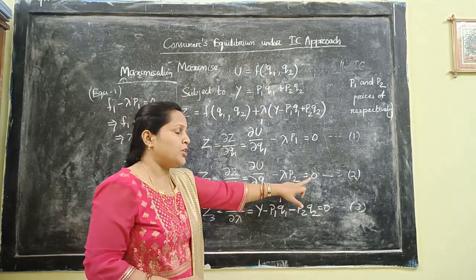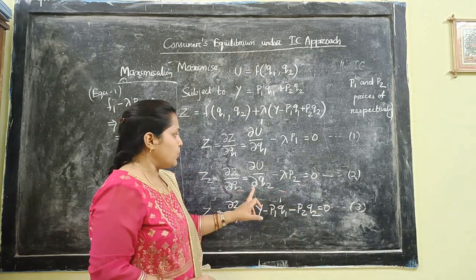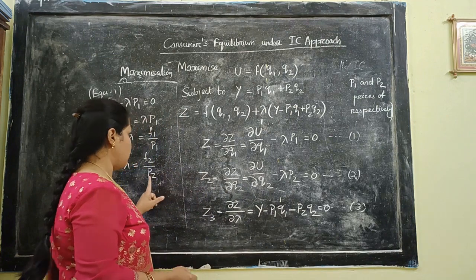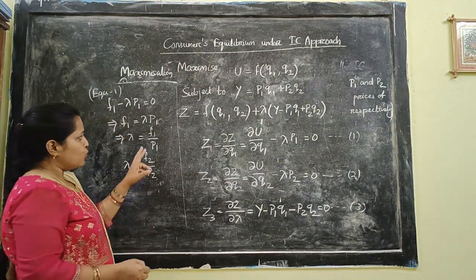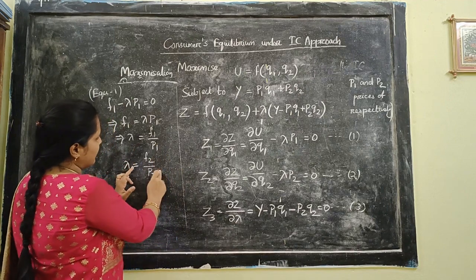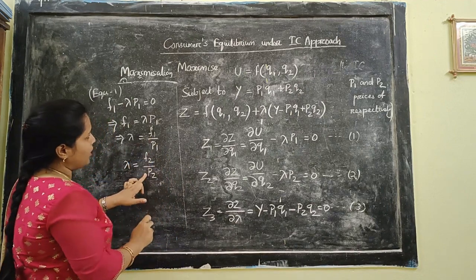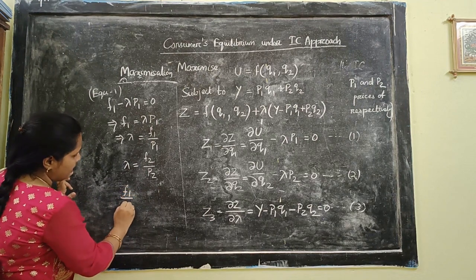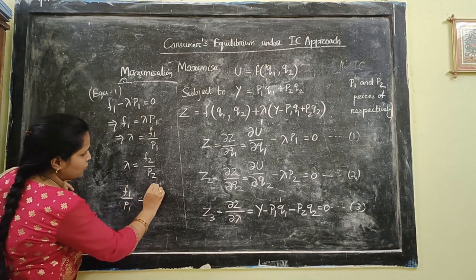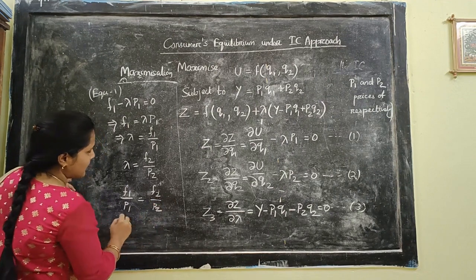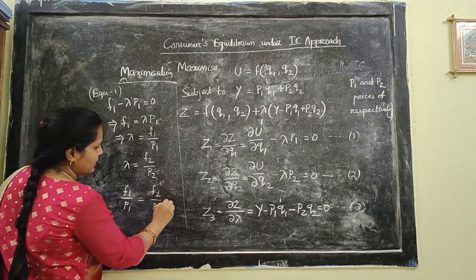F2 minus lambda P2 is equal to 0, so F2 is equal to lambda P2, so lambda is equal to F2 by P2. So from these two equations, what we are getting is F1 by P1 is equal to F2 by P2.